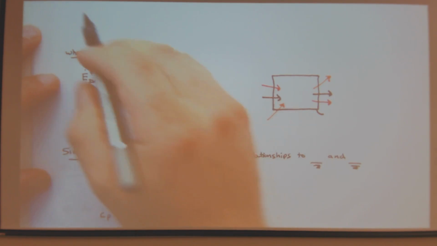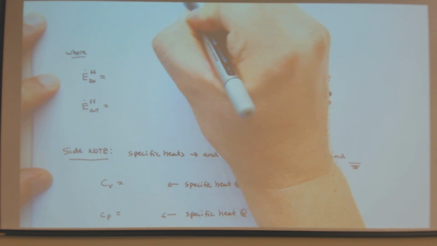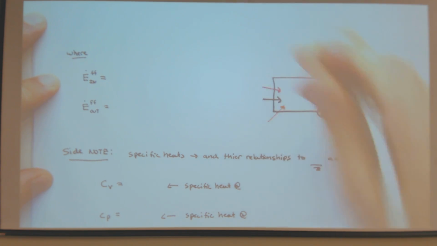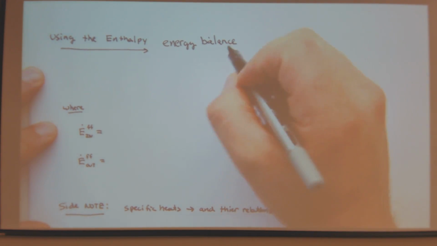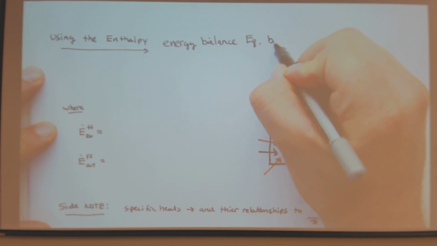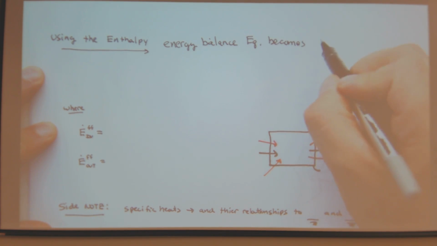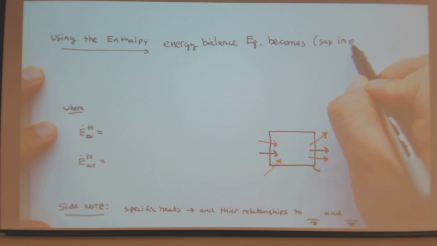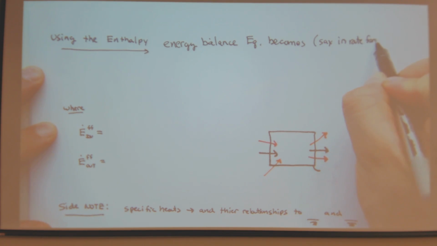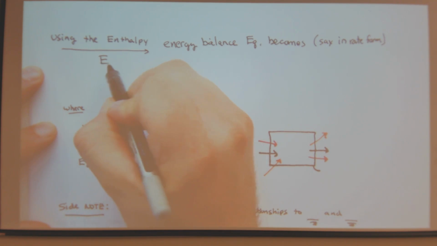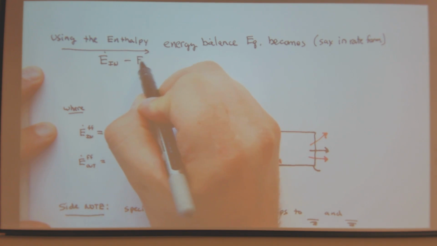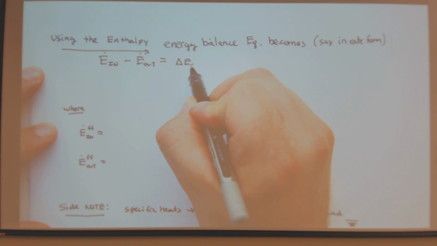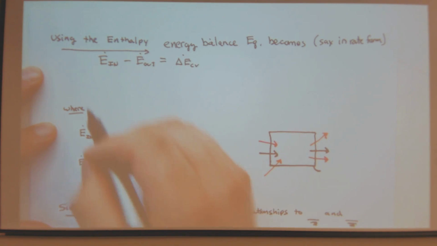So back to enthalpy. Using enthalpy, we have the energy balance. The energy balance equation becomes, in rate form, E dot in minus E dot out equals delta E of the control volume, or I could put system there.